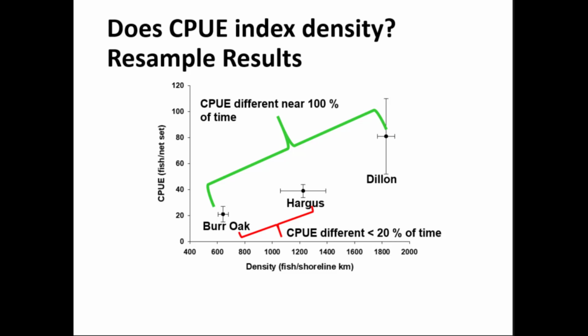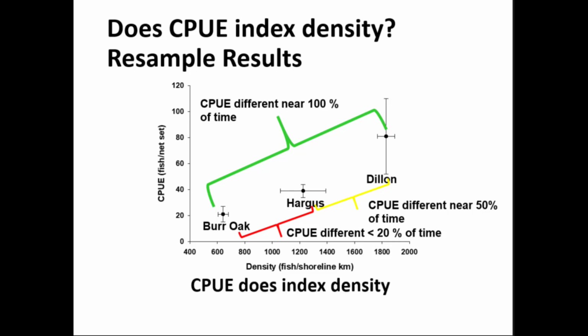And when comparing medium to high, we had different catch per unit effort about 50% of the time. So we see that catch per unit effort does index density, but as an index, it may be fairly limited by the effect size that you can detect.